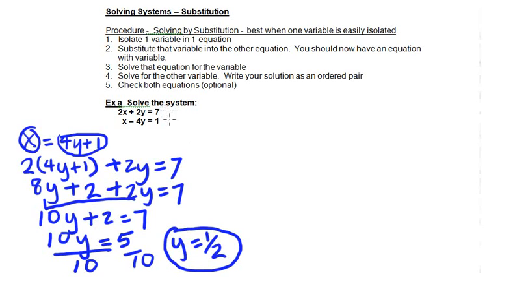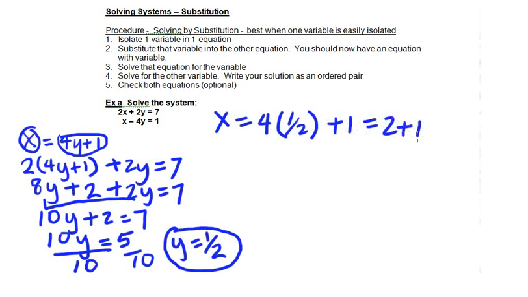We could choose one of the original two equations, but because we already isolated the x over here, we might as well plug y into the equation where x is isolated. So x is equal to 4 times 1/2 plus 1. Simplifying, 4 times 1/2 gives us 2, plus 1 is equal to 3, and that is our value of x.